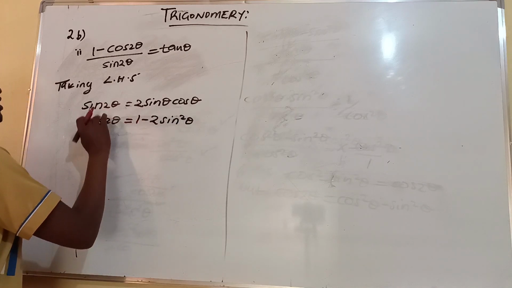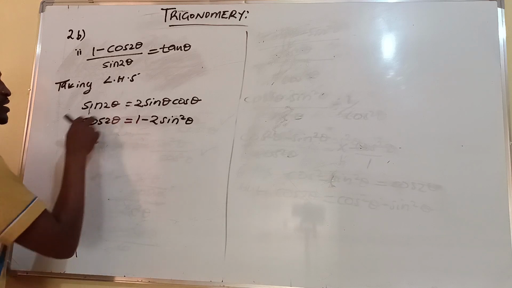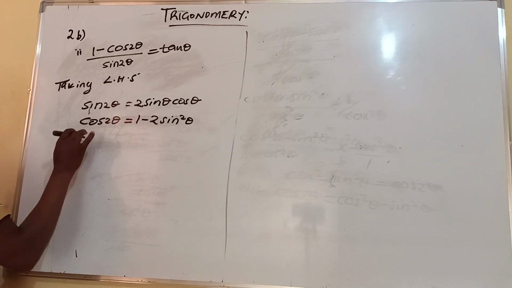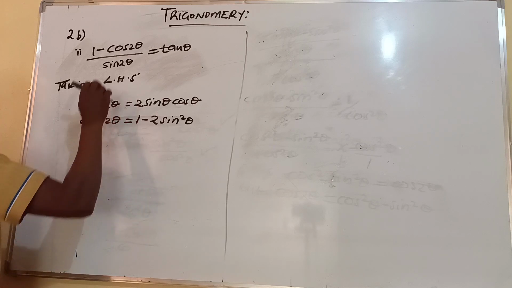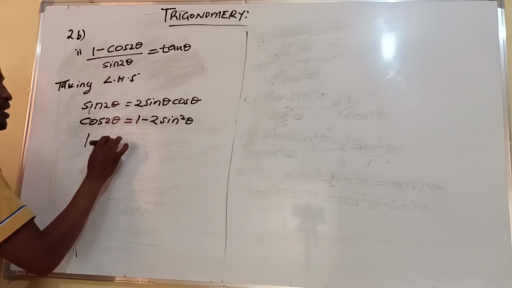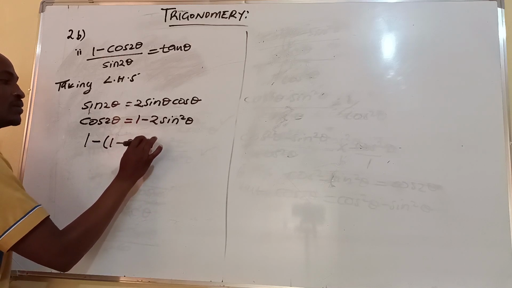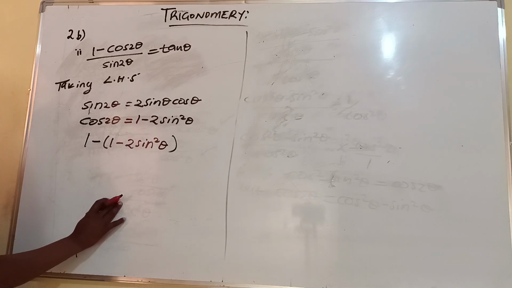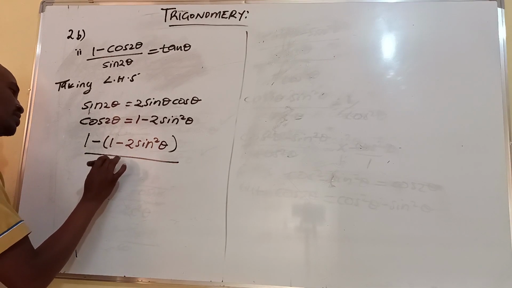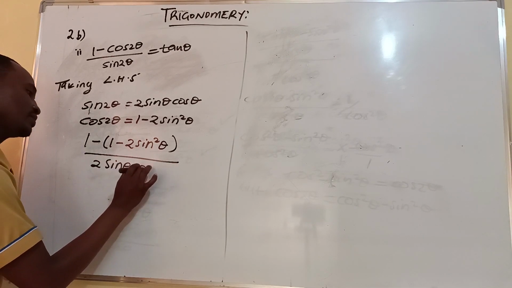These are called the double angle formulas, sin 2 theta and cosine 2 theta. So we are going to make those substitutions, which will give us 1 minus, instead of cosine of 2 theta, we will say minus 1 minus 2 sin squared theta over 2 sin theta cos theta.